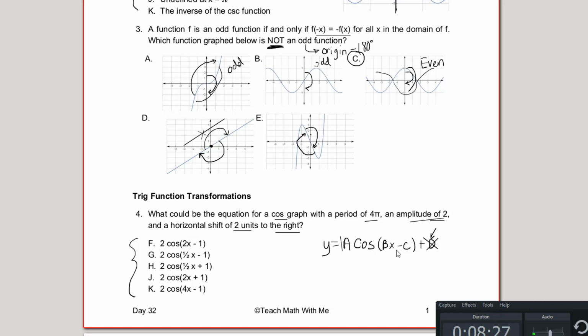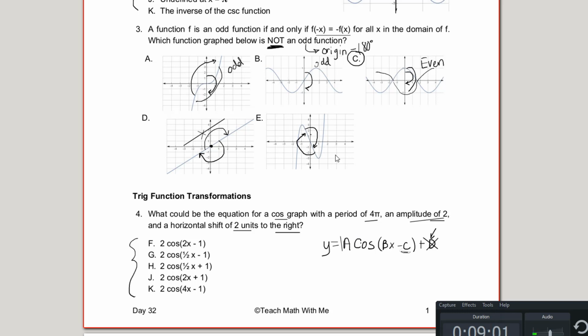Our horizontal shift is going to come into play with what's inside the parentheses. And as we can look at our answer choice, that we see that we don't have any values out in front. But our amplitude 2, each one of these has an amplitude of 2, so we can't eliminate anything on that. So what's going to make the difference is this period of 4 pi and a horizontal shift of 2 units to the right.